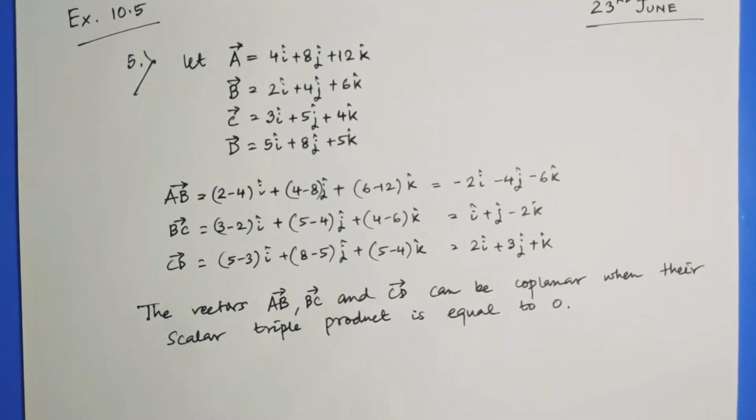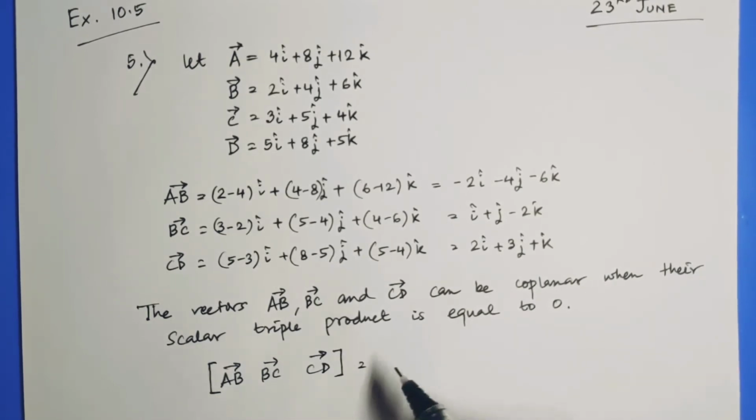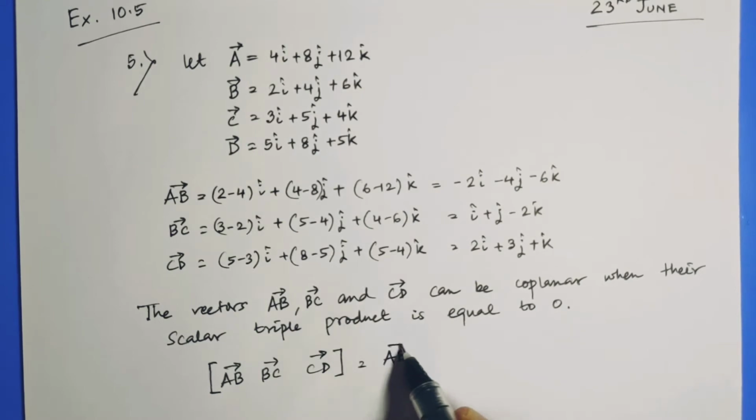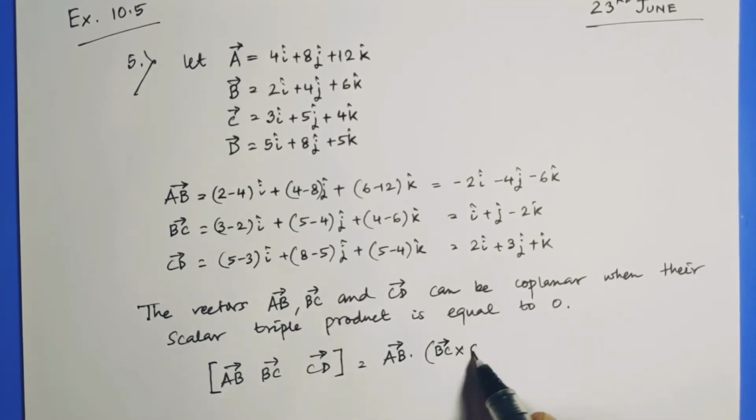So let's do the scalar triple product then. So we have AB, BC, CD. If I write this as AB vector dot BC vector cross CD vector, that is equal to, we know how to do it, draw the determinant sign.